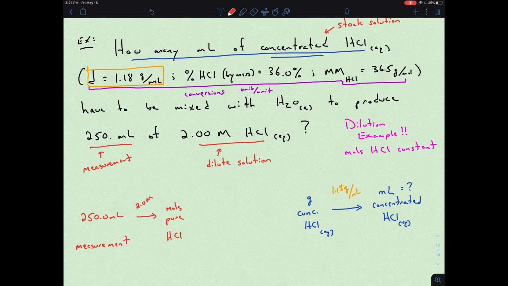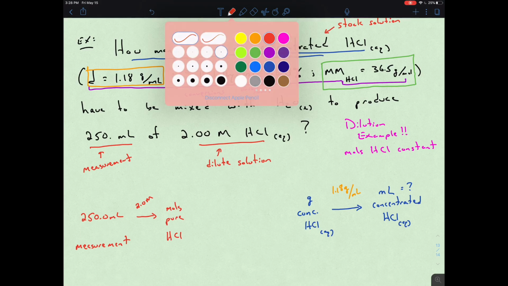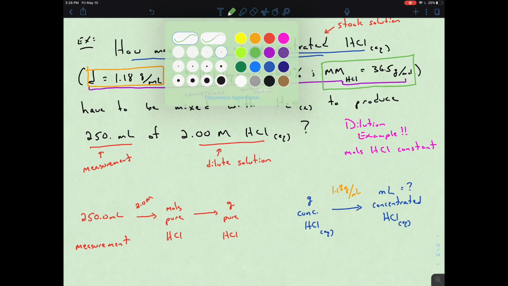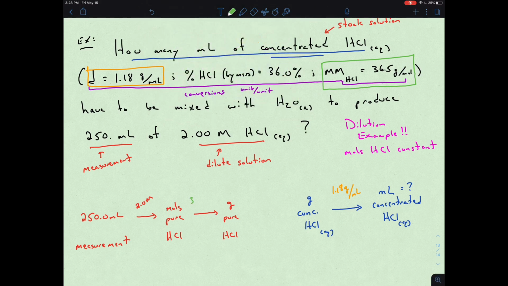Well, there's actually only one that I can shoot from, which is looking at my molar mass. With this molar mass, I can get to grams of pure HCl. And so that would be my 36.5 grams per mole.